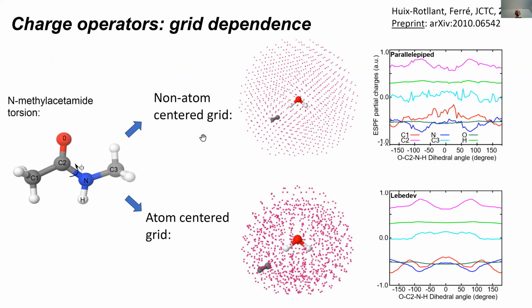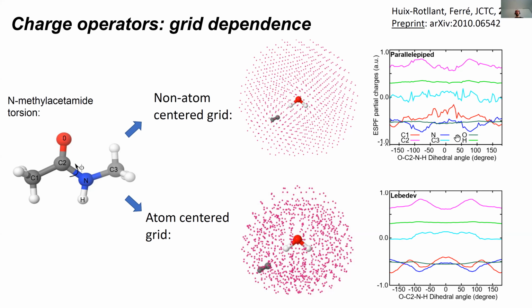And here I show you the calculation of the atomic charges with this grid-based method along this torsion of N-methyl acetamide, for two different grids. One is not atom centered, so it doesn't really respect the symmetry of the molecule, and the other is an atom centered grid. In the non-atom centered grid, you see a lot of non-uniform evolution of your atomic charges, and it's also not symmetric with respect to zero.